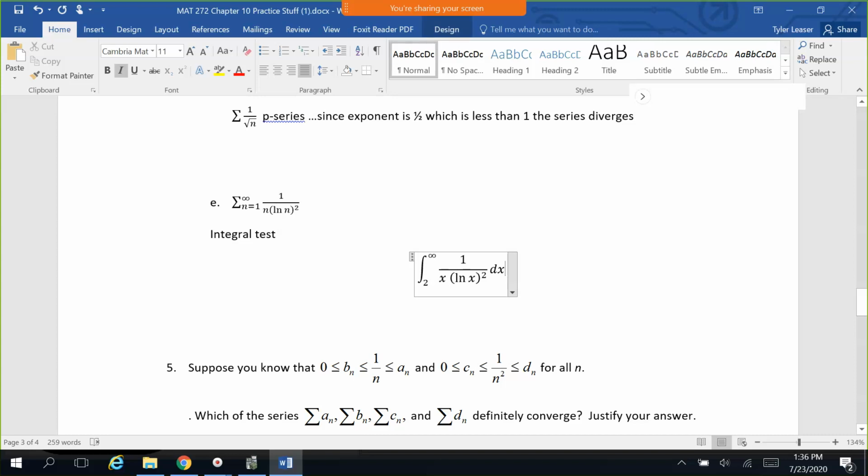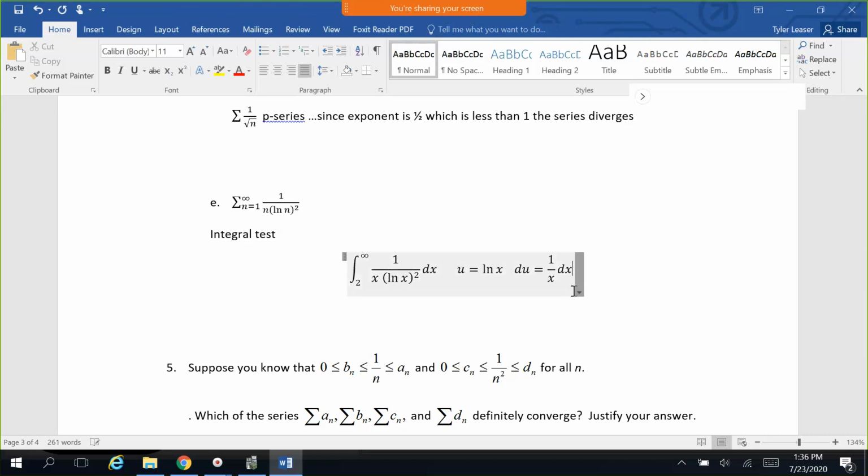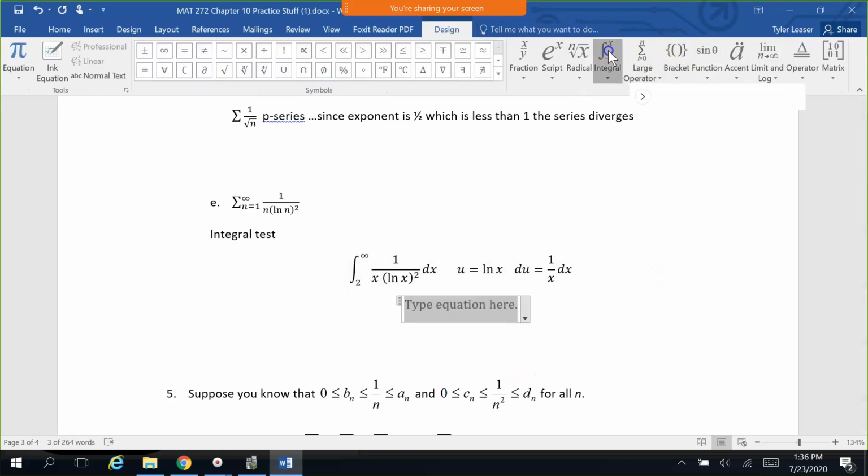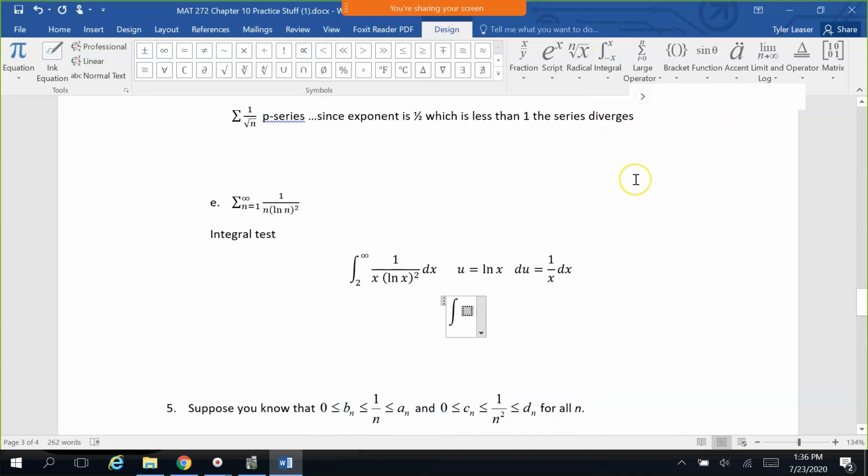We can do this with a u substitution. If I let u be natural log x, then du would be 1 over x dx, which would cancel out with this 1 over x dx. So now it's the integral, I'm not going to worry about the limits for now, of just 1 over u squared du.